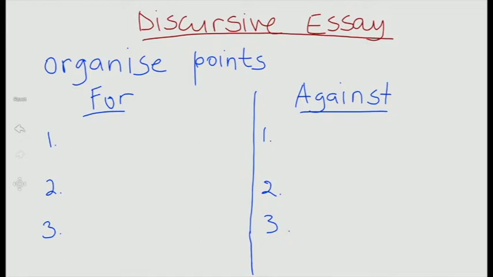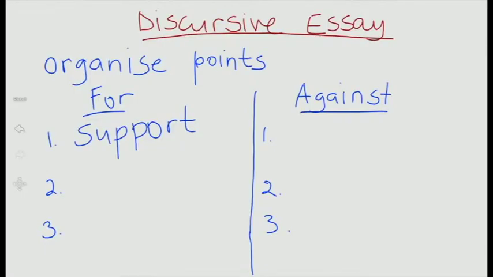They should be equal, because once you've got 5 points for and 3 points against, basically you have tried to influence the reader, which you said is not to be done. That is influencing the reader on which standpoint to take when it comes to a discursive essay. So in your organization of the points, you make sure that you organize the points that support both sides.